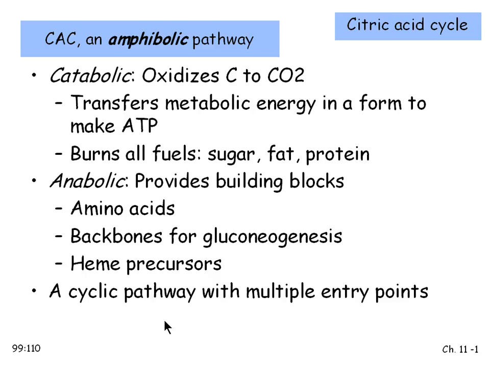In some respects, or sometimes, or in some cells, it's going to be a catabolic pathway. It's going to break stuff down, oxidizing carbon atoms all the way down to carbon dioxide. And in doing so, it's going to be capturing metabolic energy in a form that will ultimately make ATP, and maybe make a little bit of high energy compounds at the moment.